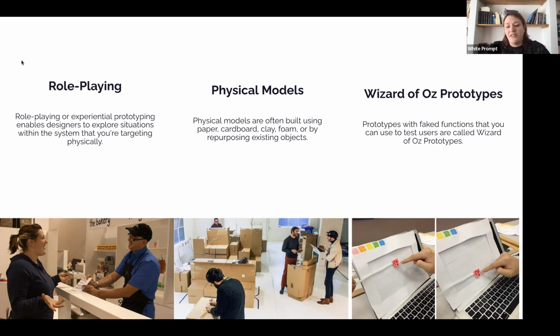We can have physical models like here on the other side, and create physical models for our apps as well. This allows you to see and interact with the products and the sections that you have to interact with.